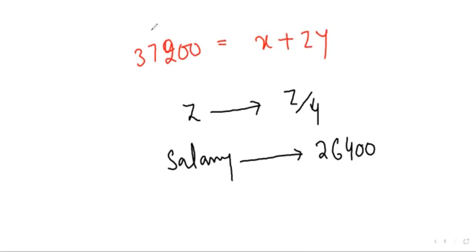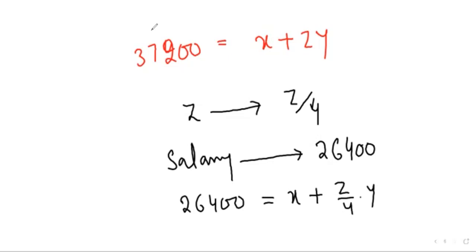So we know the formula actually. So we can write 26,400 equals x plus z by 4 times y. Now we can take LCM on the right hand side.